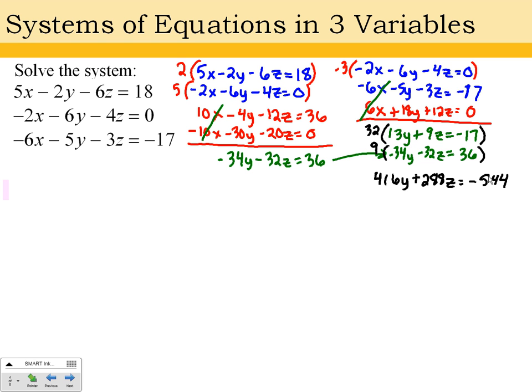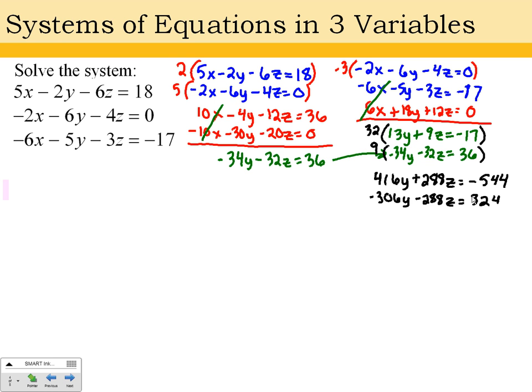Second equation, 9 times 34 gives me 306, and it's negative. This should be minus 288, but just in case, yep, that's it. Minus 288z, and 9 times 36 is 324.